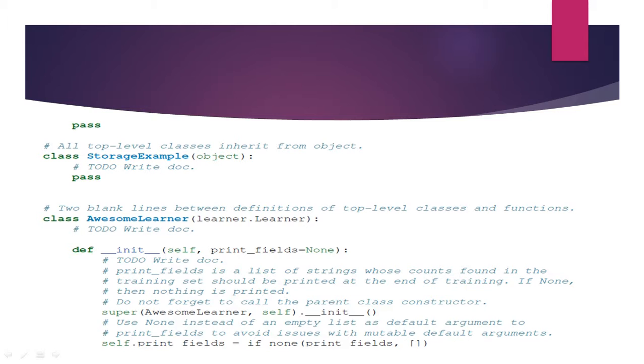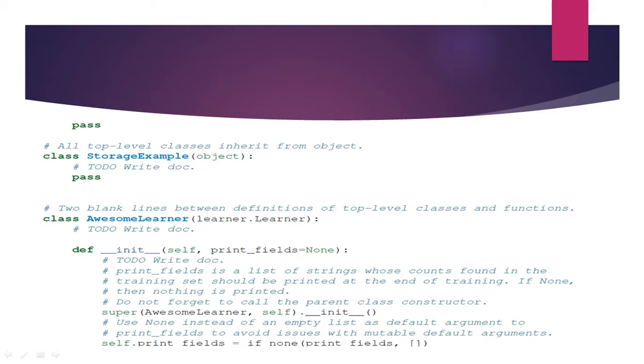The class of awesome learner is basically about the learner, learning things, and writing a document. The super class is awesome learner and the self. The self is called, and the initialization is the one defined previously, the initialization function is called, and self dot print field, if it is none, is printed.